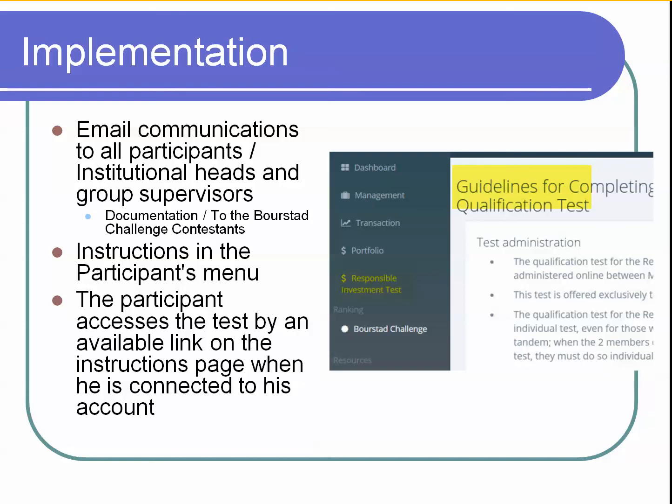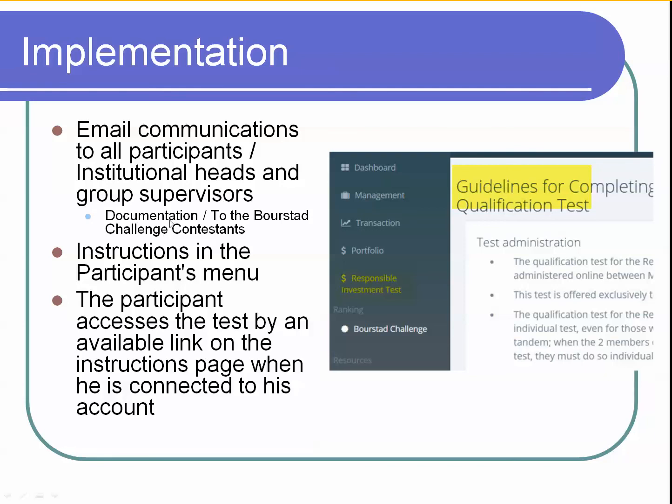Implementation. Email communications were sent to all participants and institutional heads and group supervisors. If you want to look at the email sent to the participants, you'll find it in the documentation.